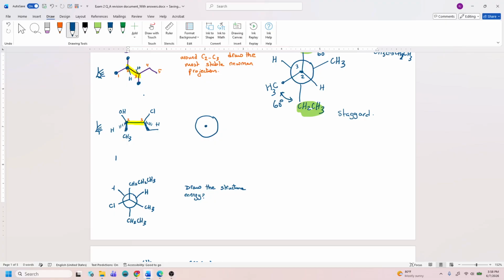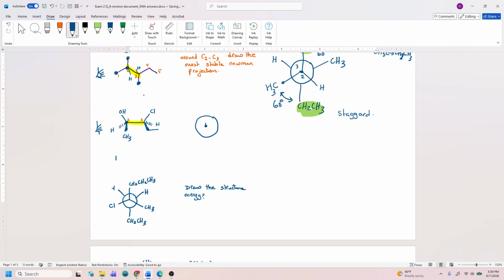For the eclipse, carbon number 2 is connected to the OH. Or, you do have the option, because there's a rotation in there, to start with any one of those. But so you do have your OH in there.